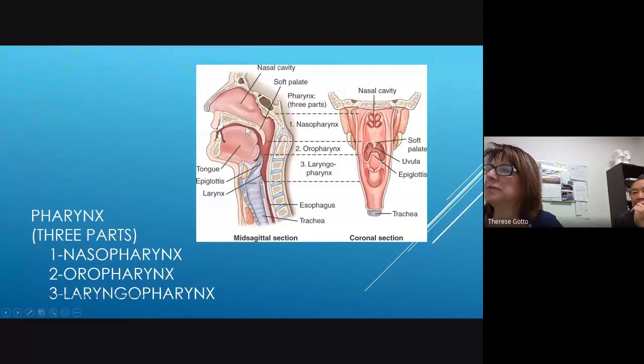Don't forget about your pharynx and the three different parts. There's the nasopharynx, your oropharynx behind your tongue, and the laryngopharynx. What's this small bone at the base of your tongue? Just trivia. Anybody? Yep, good.